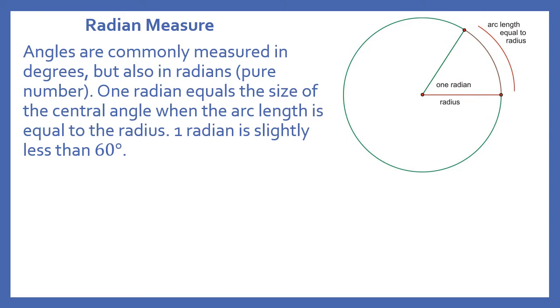Now, that's distance. We're talking about degrees or an angle inside of a circle, or inside of a triangle for that matter. So 1 radian is our central angle. So we're going to add some things to this picture. From here to here, that would be theta, and that would be 1 radian.